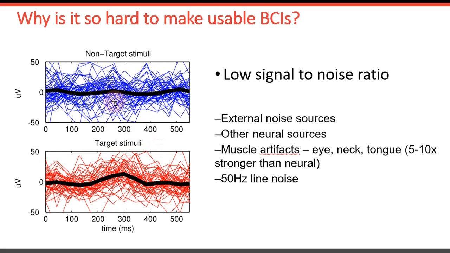So in general, one of the biggest challenges of the BCI is that the data that we collect from outside the scalp using EEG or MEG has a very poor signal-to-noise ratio, and is affected by various kinds of noise sources.